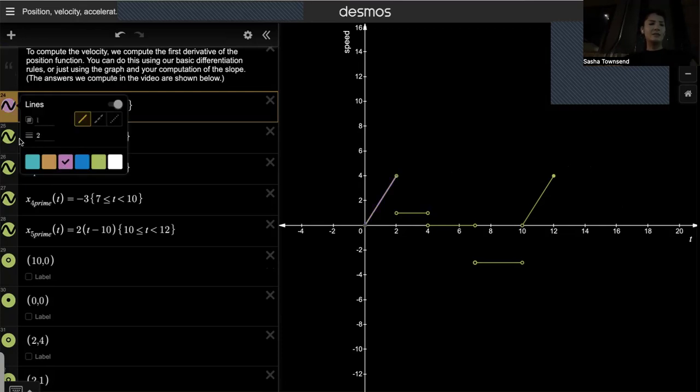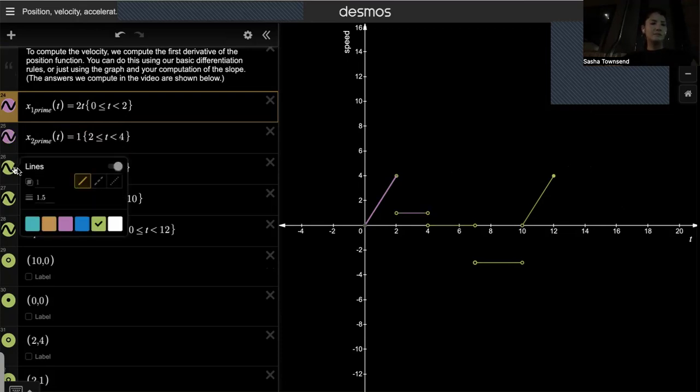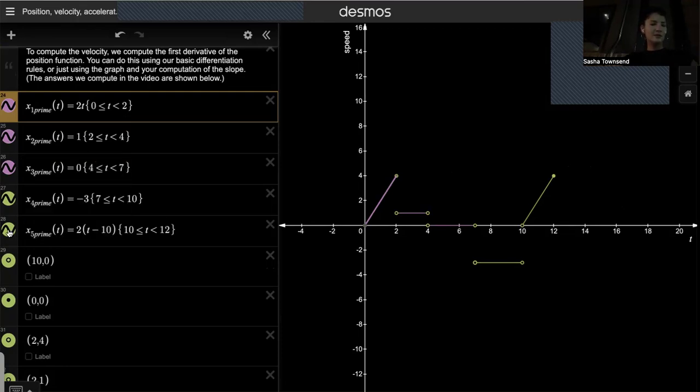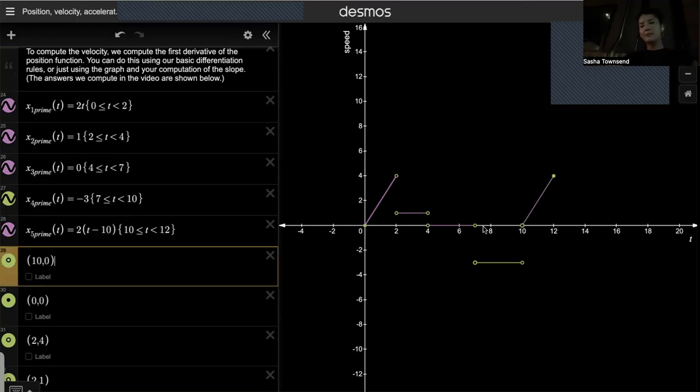So I'd have that piece and this piece and this piece, and then the last piece as well. But the only piece that's affected by the absolute value, when we take the absolute value of velocity to get the speed, is this piece that has a velocity of -3. You just take the absolute value of that part.